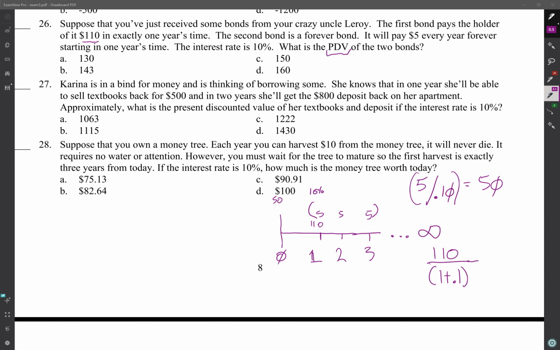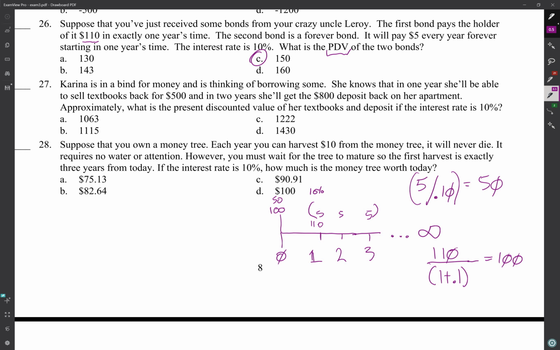We need to get in the habit of not trusting ourselves, right? So 110 divided by 1.1, and what a surprise, it is 100, so most likely what we thought it was before we did it. So our two different bonds have a present value of 150 together. If we go over to the answer choices, we see that C, $150, is the correct answer.